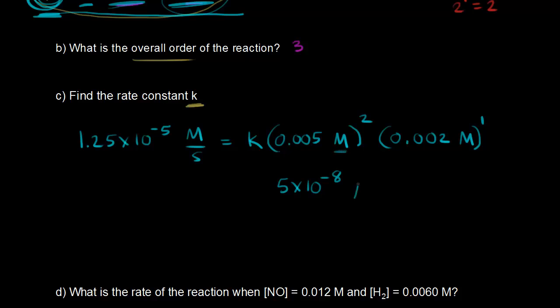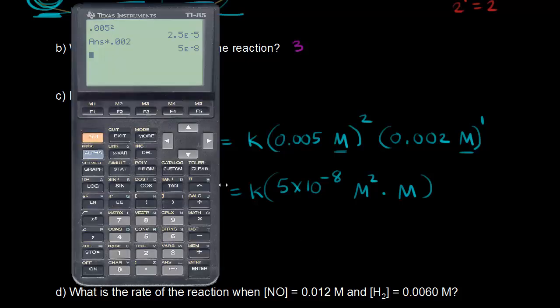This would be molar squared times molar over here. And all of this times our rate constant K is equal to 1.25 times 10 to the negative 5 molar per second. Let's go ahead and find the number first, and then we'll worry about our units here.